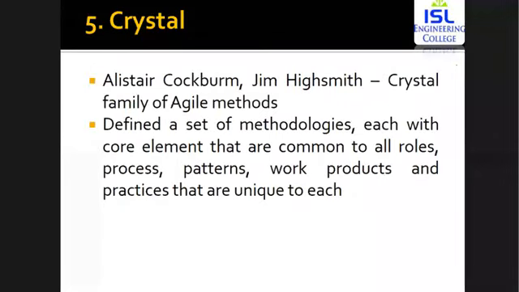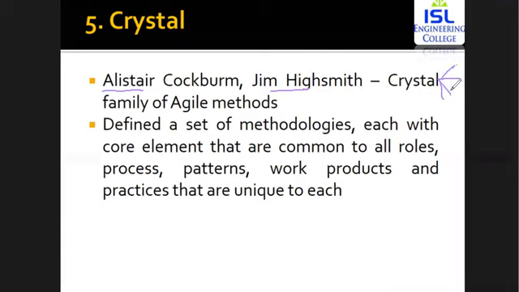The next process model is Crystal. This Crystal agile process model was developed by Alistair Cockburn and Jim Highsmith. These were the two people who designed the Crystal family of agile methods. That is, you're not going to have one particular model. Within this Crystal family of agile methods, you're going to have different models.